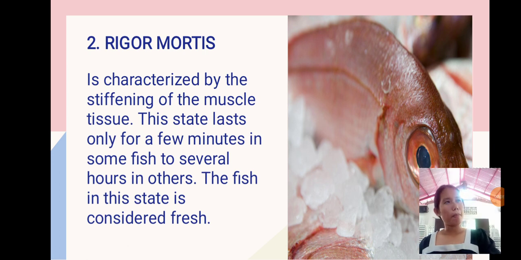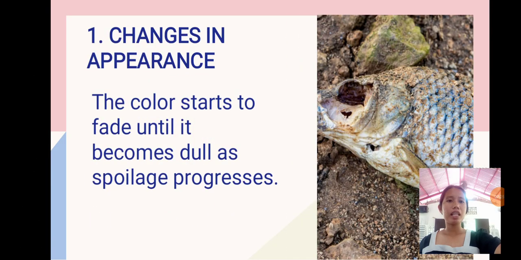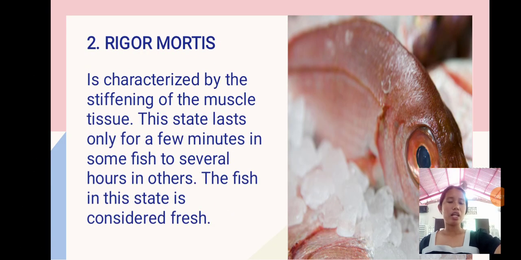Of course, the fish dies once it is taken from the sea, since it lives in the sea. So, the stiffening of the muscle tissue. For example, you can see in the picture, the fish is fresh. So, the stiffening of the muscle has already happened somewhere in its body. We can see this in the markets, right? This state lasts only for a few minutes in some fish to several hours in others.